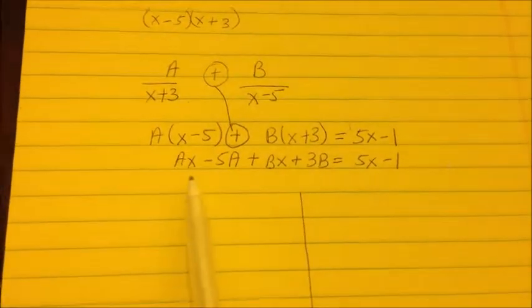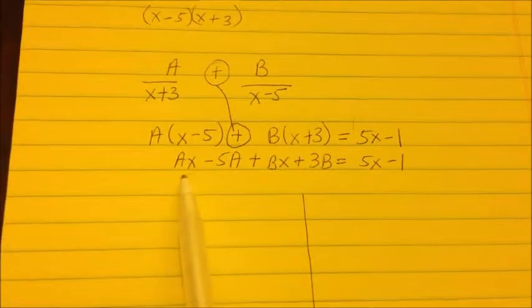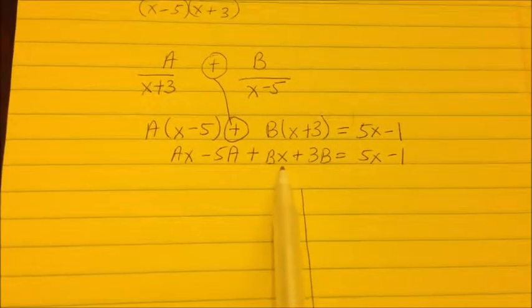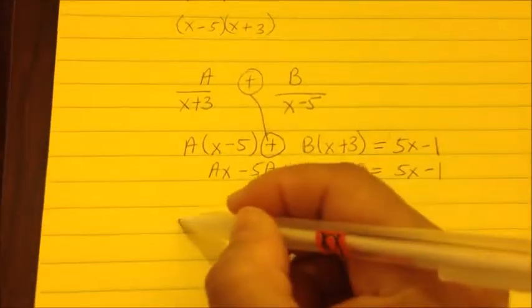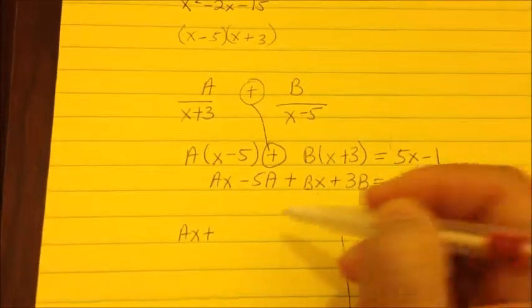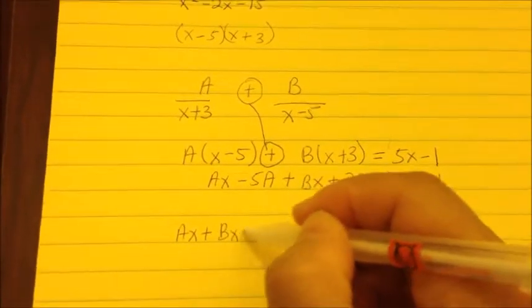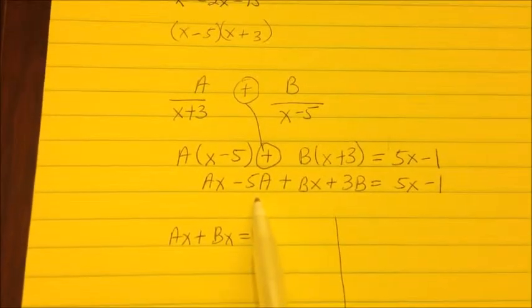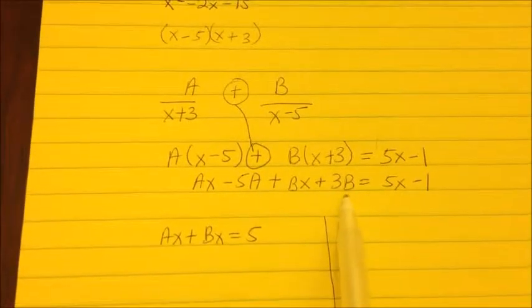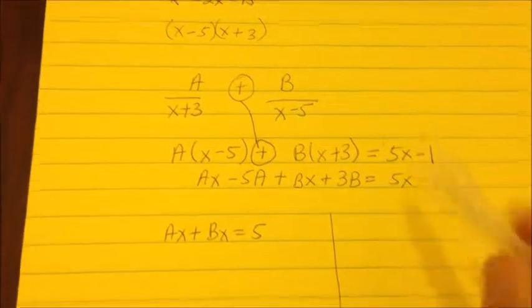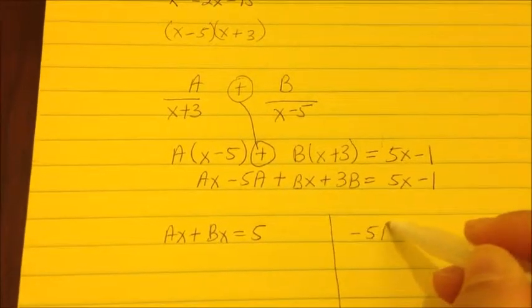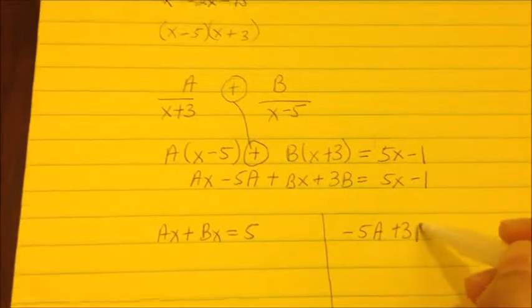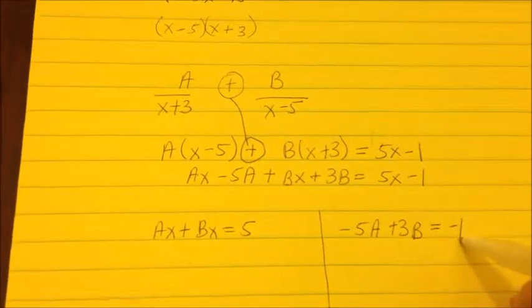So I'm taking the Ax, the Bx, and the 5x. We have Ax plus Bx is equal to 5x, and on the other side the remaining part, which is negative 5A plus 3B, is equal to negative 1.